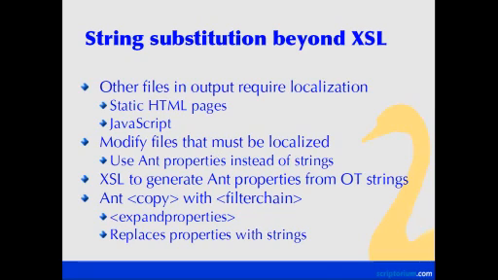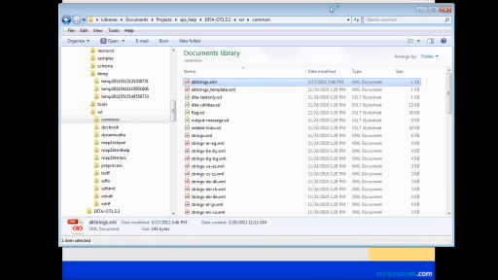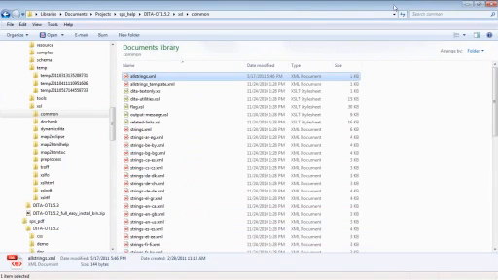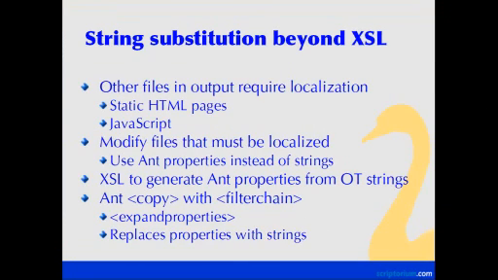I'm trying to think if I've got an example that I can bring up right now to show you. Yes, I do. Hang on. So here's some JavaScript files that we have.